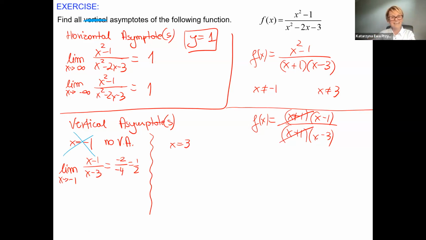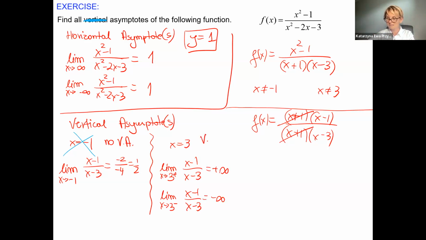But you may notice x minus 3 is not cancelled out. It will always give me 0 in the denominator, and a finite number on the top. It's definitely infinity. At 3, this is positive over positive 0, positive infinity, and on the left-hand side, we don't even have to do this, but it's definitely infinity.